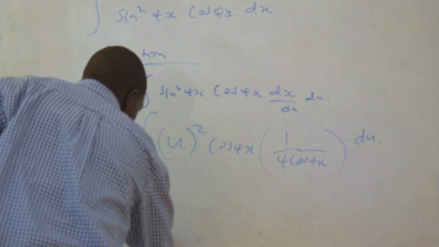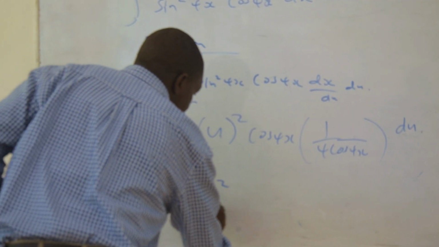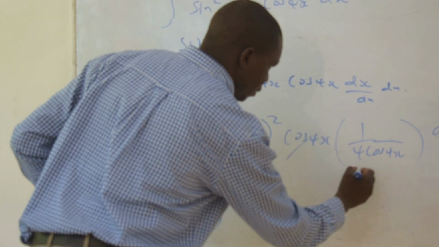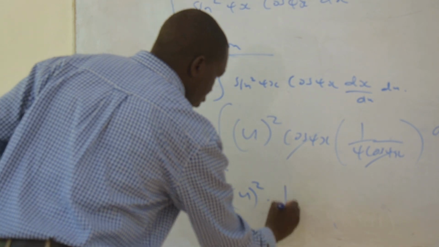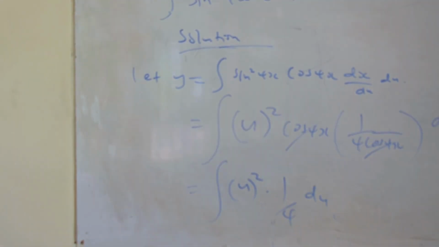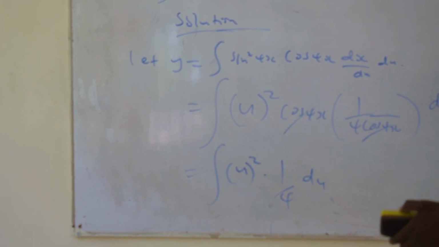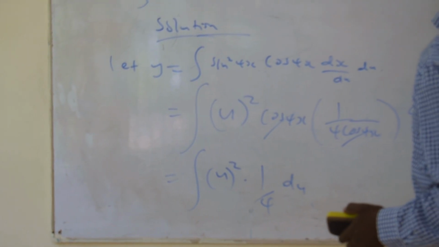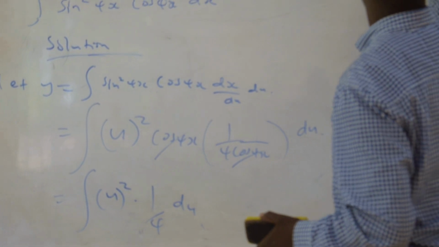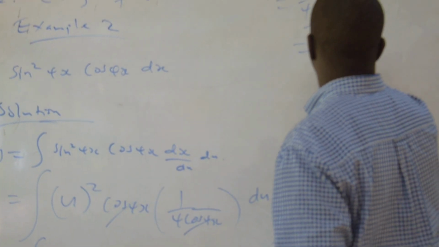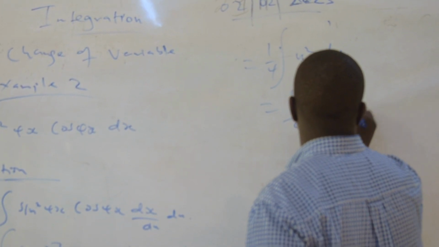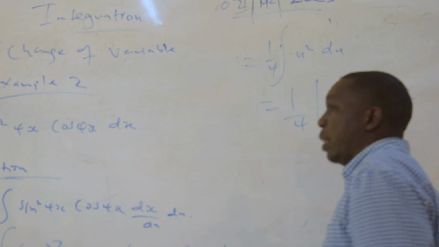Therefore, we have integral of u squared times 1 over 4 du, which is equal to 1 over 4 outside the integral, u squared du, which is equal to 1 over 4, u raised to power 3 over 3, plus the constant term c.